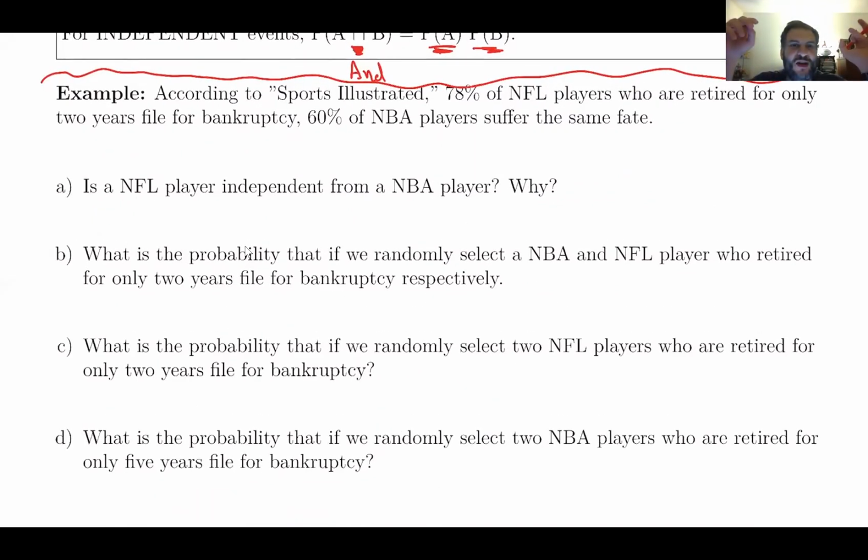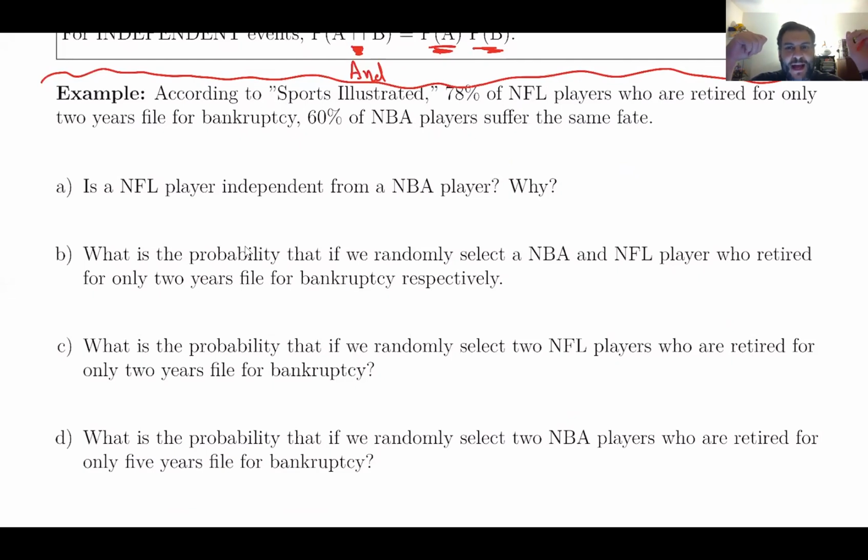For this one, it says, according to Sports Illustrated, 78% of NFL players who are retired for only 2 years file for bankruptcy. 60% of NBA players suffer the same fate. So we have an NFL player who files for bankruptcy after 2 years, and we also have an NBA player who files for bankruptcy 2 years after they retire.